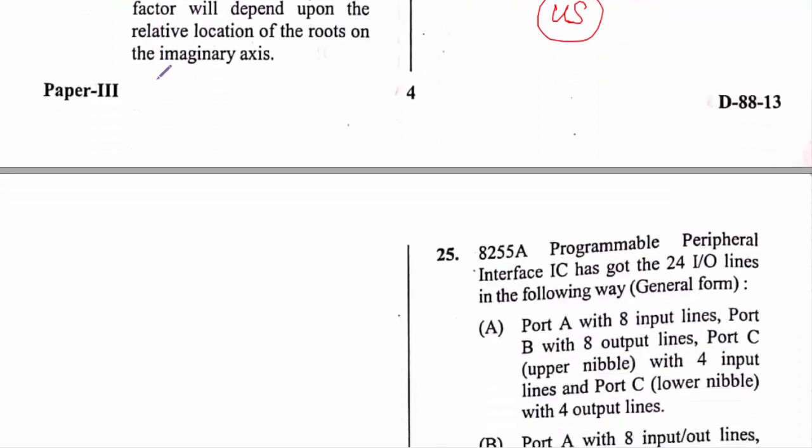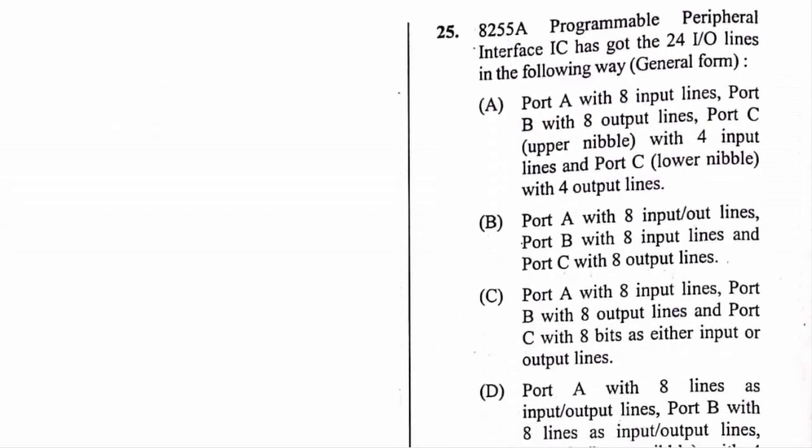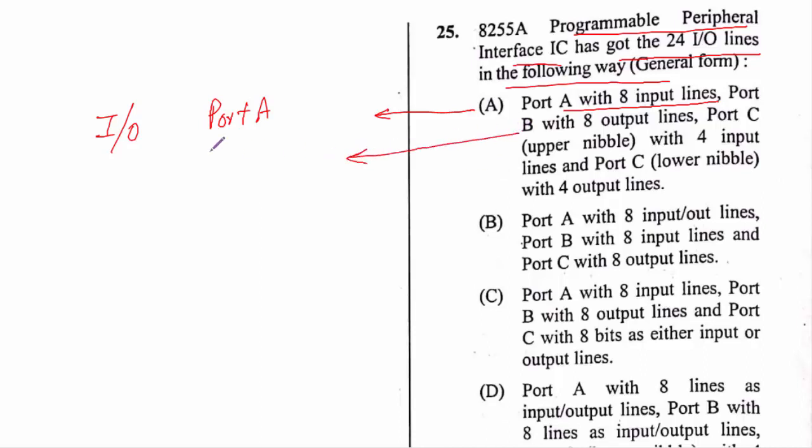25th question: the 8255 programmable peripheral interface IC has 24 input output lines in the following way. First option: port A will have 8 input lines. This option can't be, because we know that port A will be bidirectional, nothing but IO, and even port B is also IO, nothing but it can act as an input port or an output port.